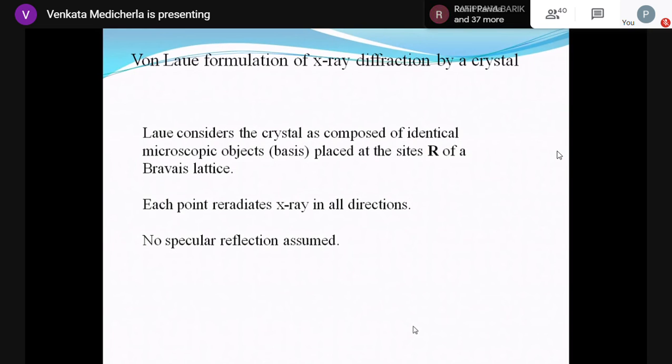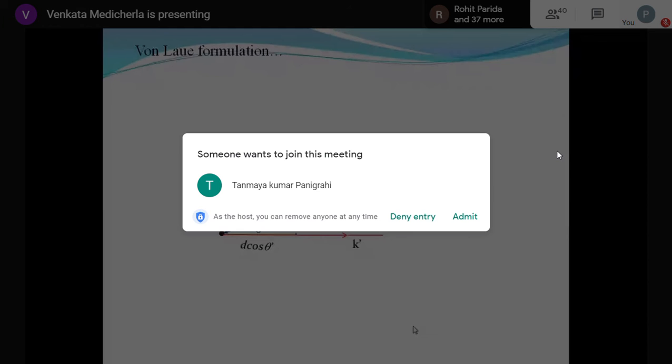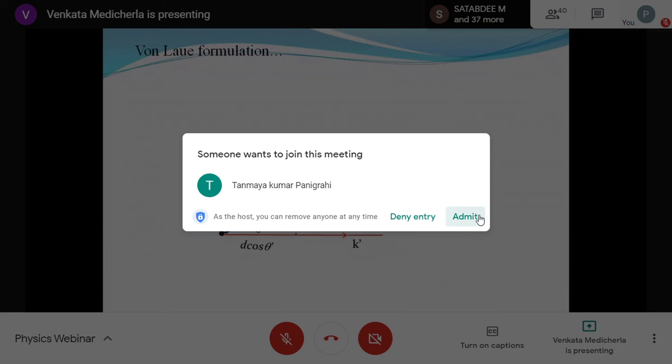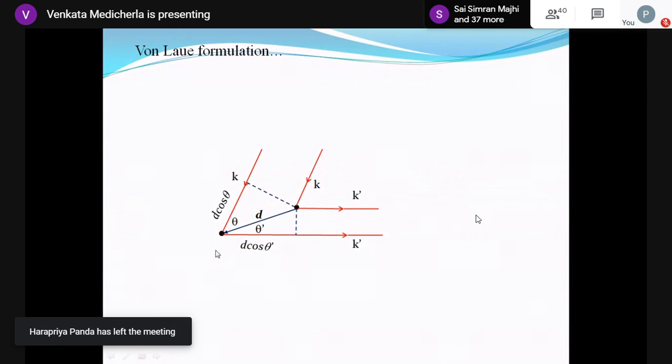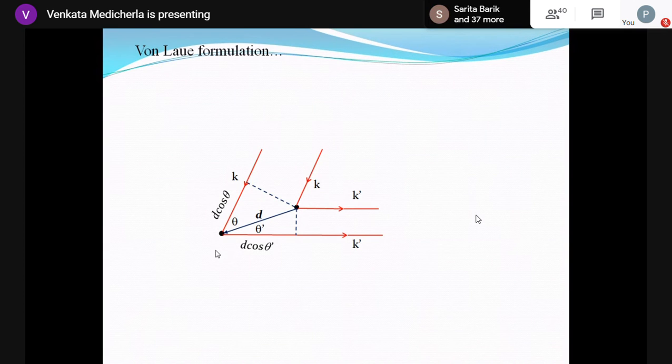So let's look at this. Suppose I have taken two black dots, one here and the other one here. Assume that these are two lattice points, separated by a distance d. That may become a Bravais lattice vector later, which I have written as bold d.